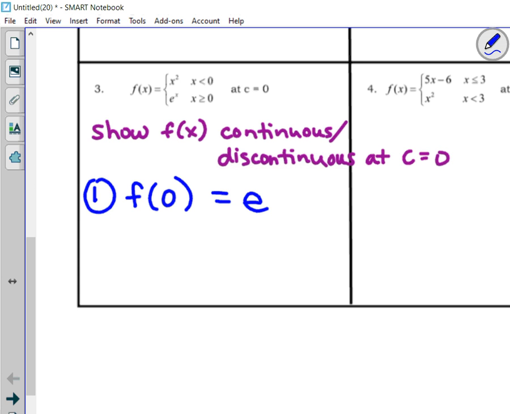So f of 0 is equal to e to the 0. And you, my lovelies, can tell me that e to the 0 is equivalent to 1, because anything to the 0 power is 1 except for 0. If I can't complete that step mathematically, if I don't have a value for f of 0, the problem's over. It's discontinuous.